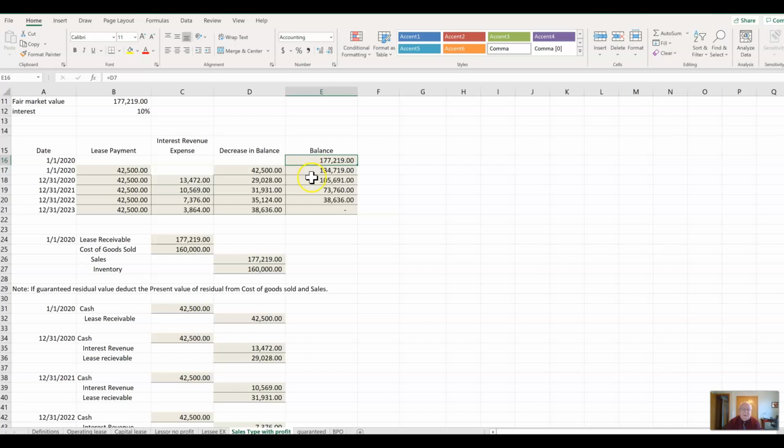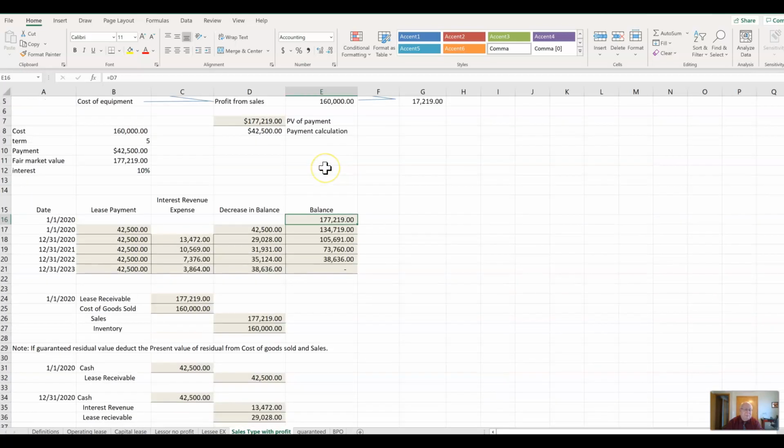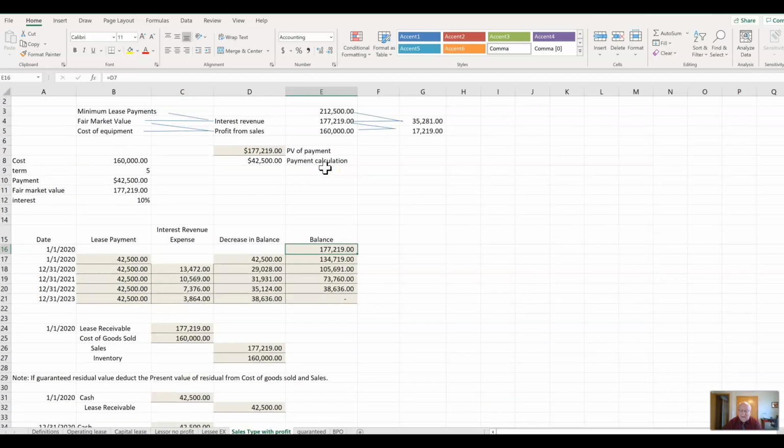So the lessee, nothing would change from what it did from the financing lease, because that's what it is for the lessee, a financing lease. So it starts from there, and then this would be your lease payable, cash, lease payable, interest expense, and cash. So it just continues on with it. So it doesn't really change anything with that one.